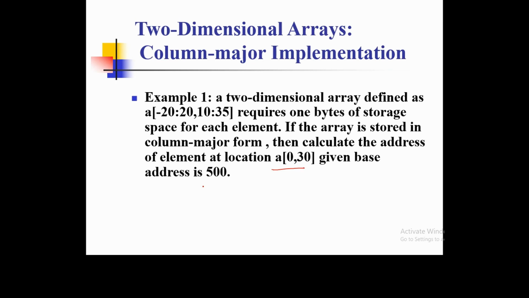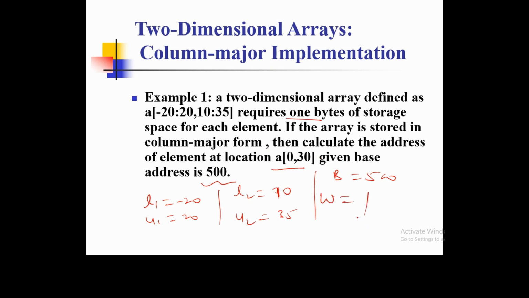Okay, and we are given the base address as 500. तो यहाँ क्या क्या गिवन है हमको, we are given L1 equal to -20 and U1 equal to 20 and L2 equal to 10 and U2 equal to 35. Okay, and we are given the base address equal to 500 and storage is 1 byte, so we are given the size W equal to 1.